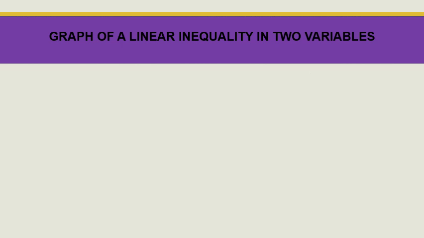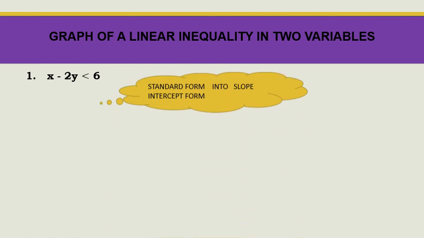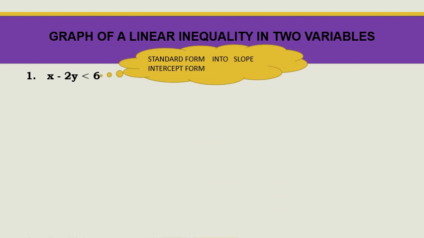Graph of a linear inequality in two variables. This is our first example, x minus 2y less than 6. This is the standard form, and we're going to change it first into slope-intercept form. Do you remember the slope-intercept form?